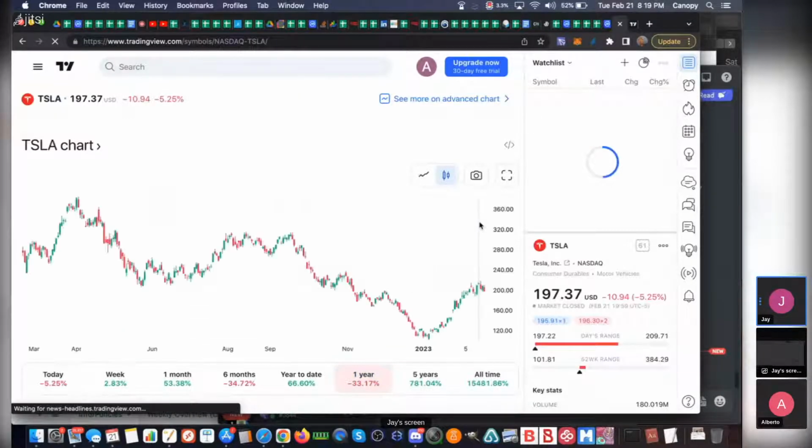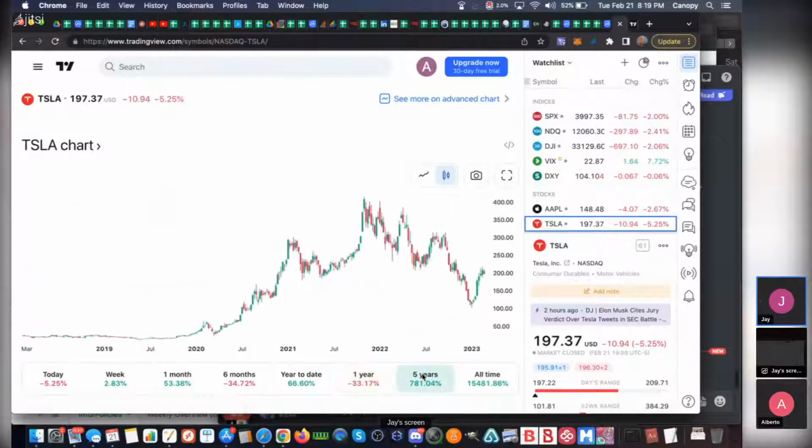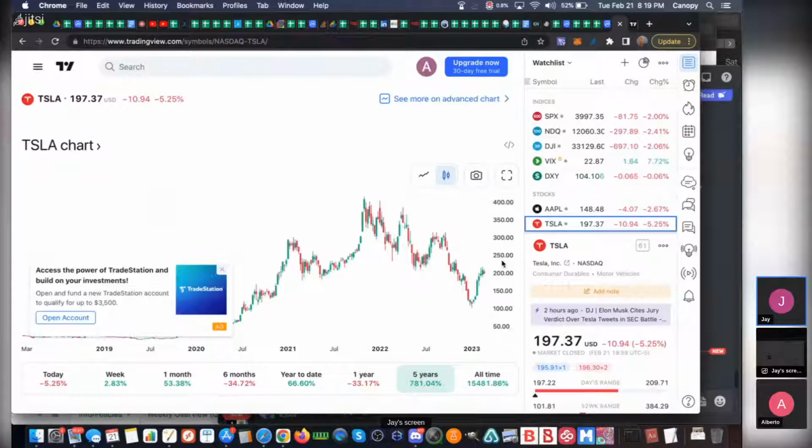For this one, we do want to look at the 5 years. For this one, we said 30%. Wasn't that what we said? 30%. So max would be 100% in this case.